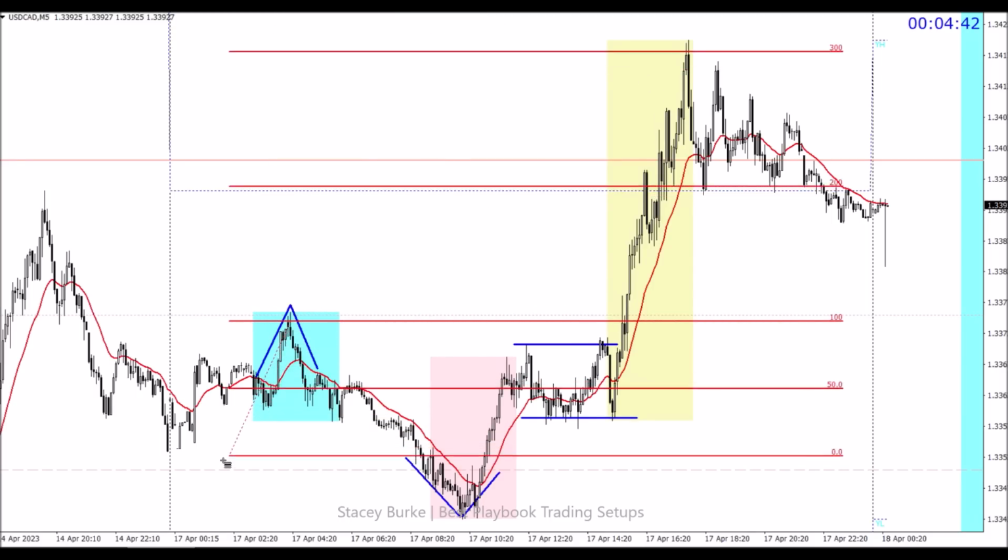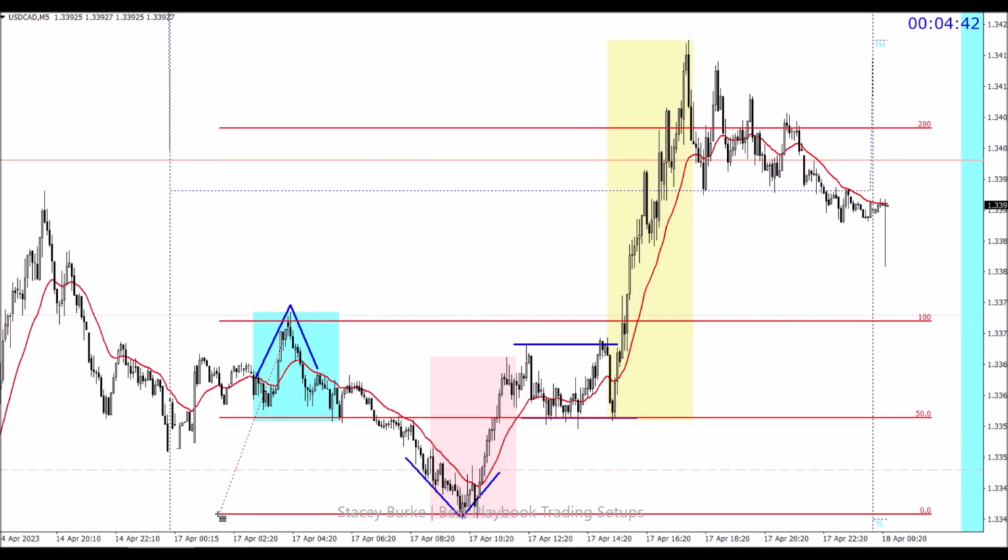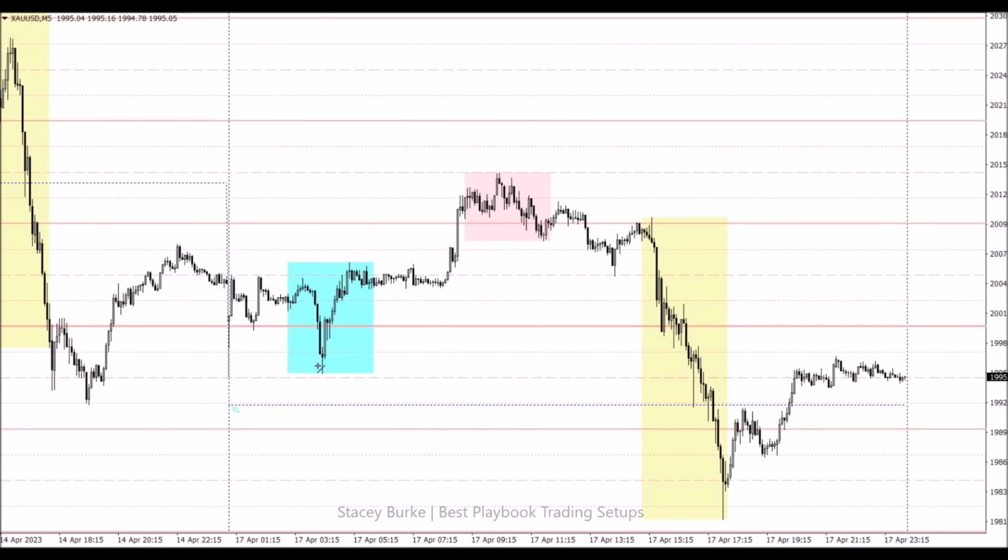So again, a geometrical structure and a 100% range expansion of our rectangle. And you'll also notice again major red numbers from 50 through the double zeros for approximately in the area of 40 pips.